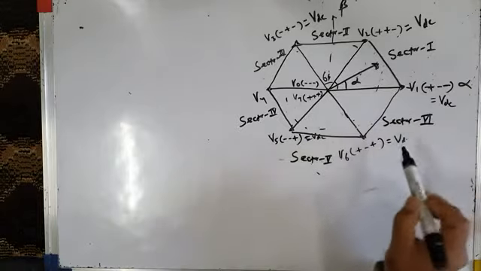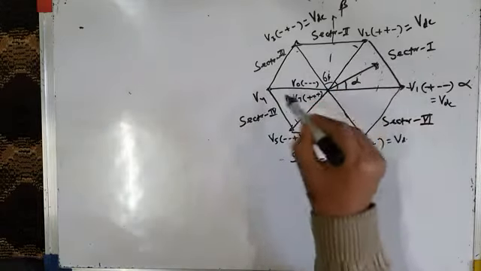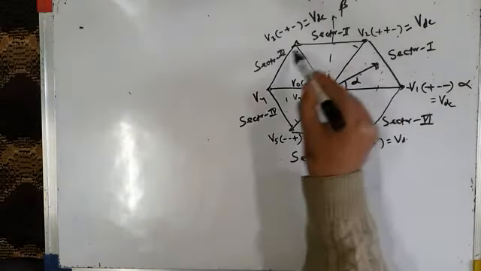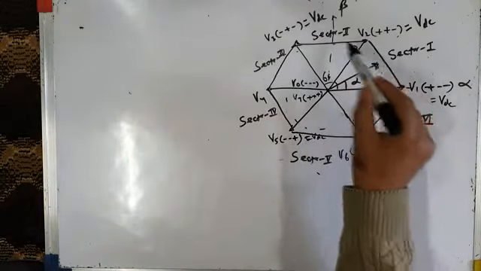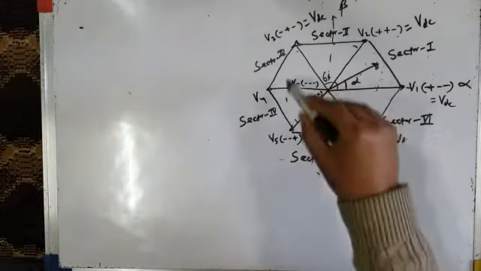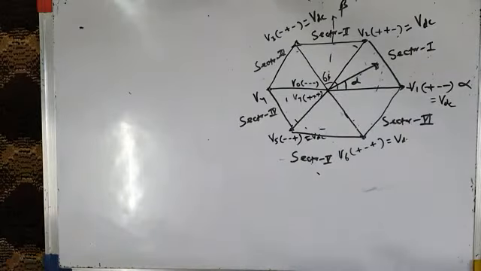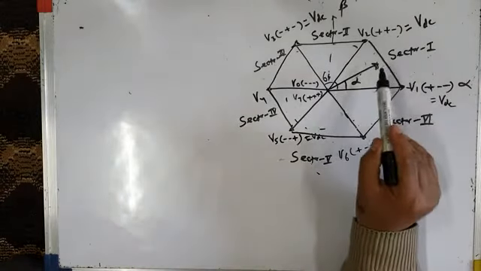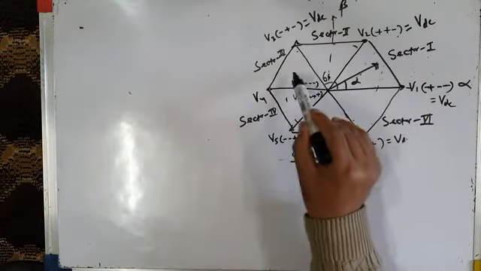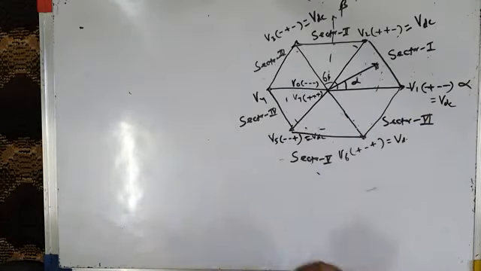So these 6 enclosed triangles are called sectors, and this gives a regular hexagon. You can see this. If I join the tips of these voltage vectors, it gives me a hexagon, and this hexagon has 6 triangles, and each triangle is called a sector. This is sector 1, sector 2, sector 3, sector 4, sector 5, sector 6.